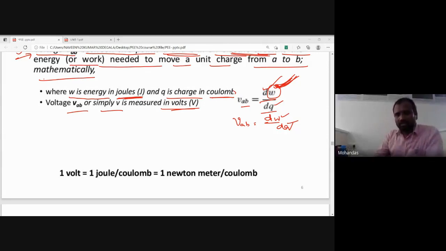Now, any doubts for the definition of current and voltage? Any doubts for that? Karthik, 195, 18 batch.